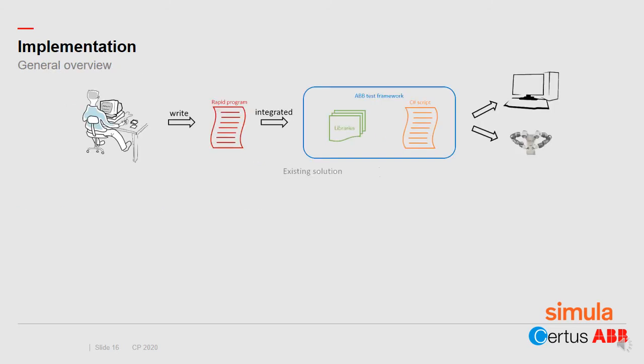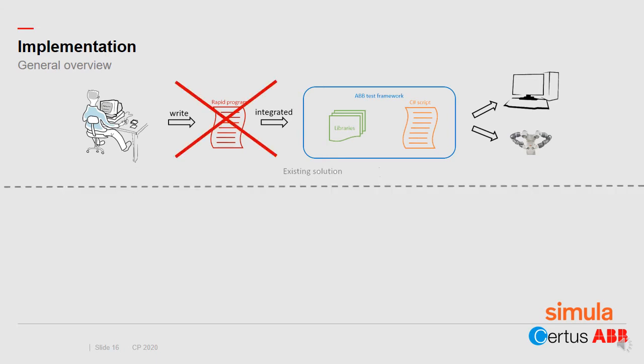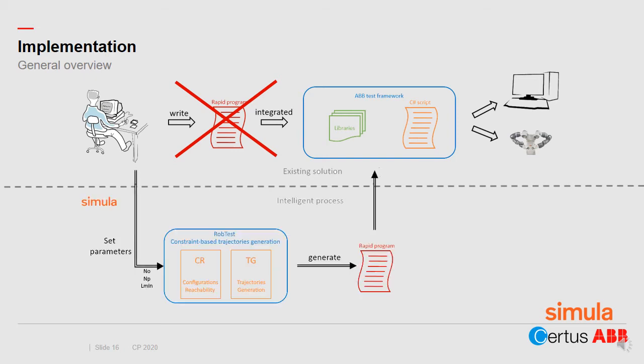Actually, a test engineer is writing a test program, and this test program is run on a simulated system or real robot. And with this new approach, we would like to remove the manual writing of these test trajectories using RobTest.